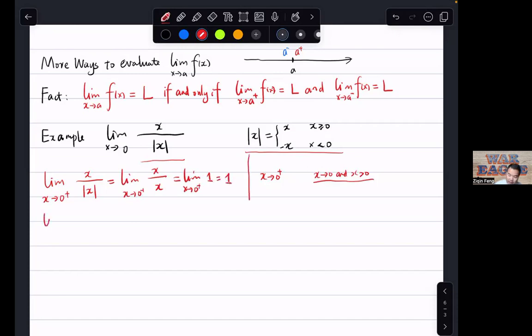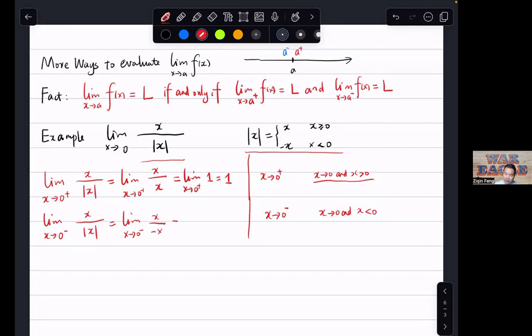Now let's look at the left limit. As x goes to 0 on the left side, x over the absolute value of x. x going to 0 from the left side means x is getting closer and closer to 0 and x is less than 0. So this equals, as x goes to 0 from the left side, x over negative x, because by the definition of absolute value, when x is negative, the absolute value of x is negative x.